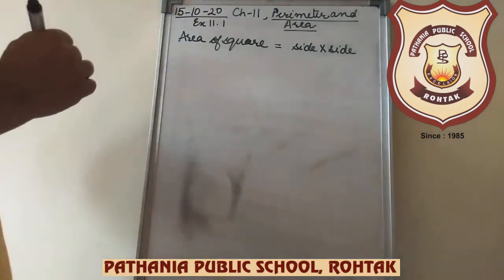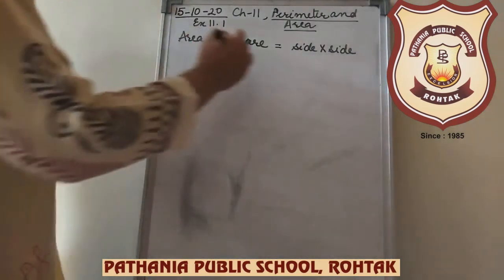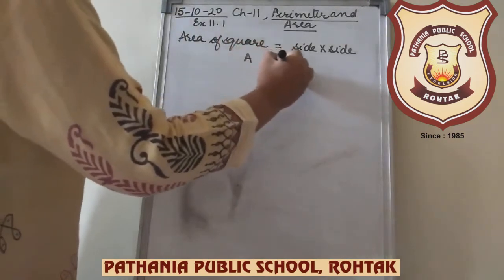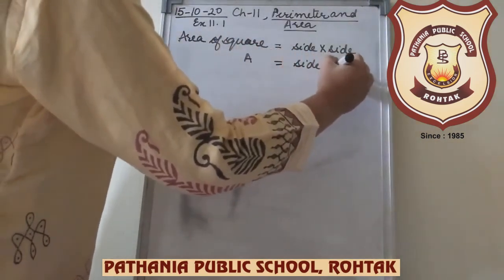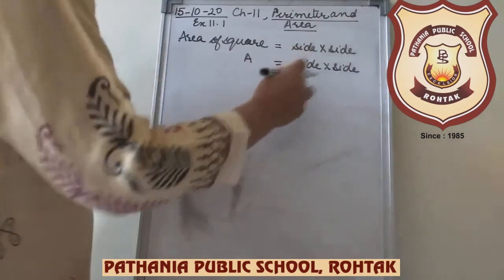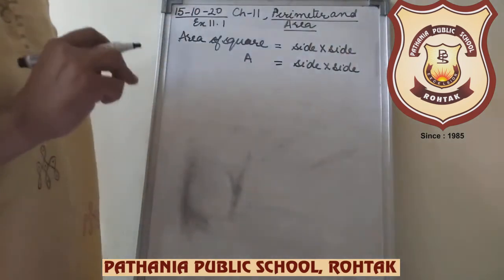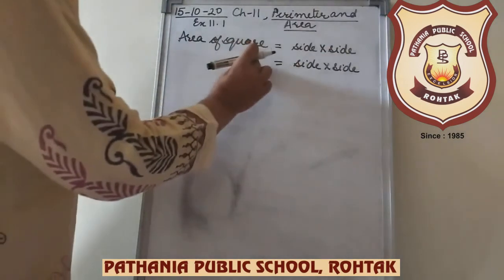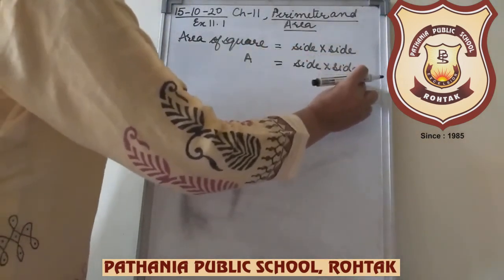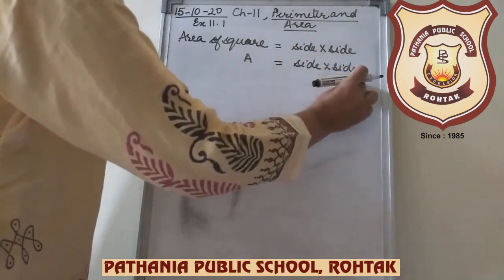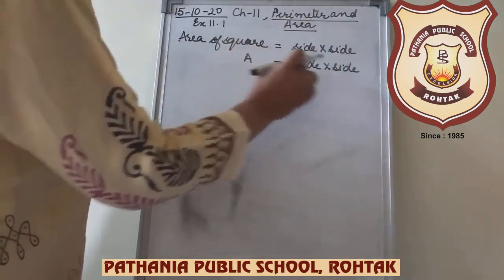Okay. And if you have to calculate side, then what will you do? Go to the Pythagoras theorem. There, hypotenuse square is equal to height square plus base square. Okay. So there what you used to do?